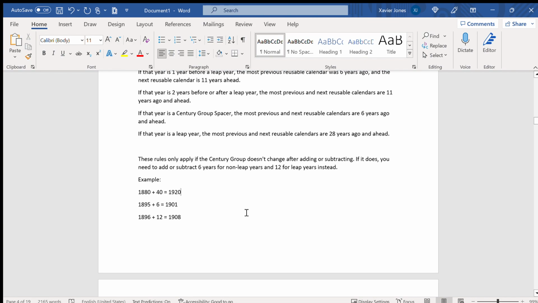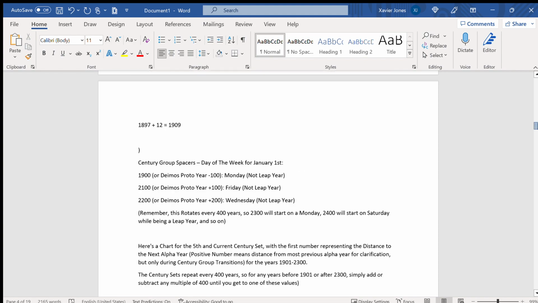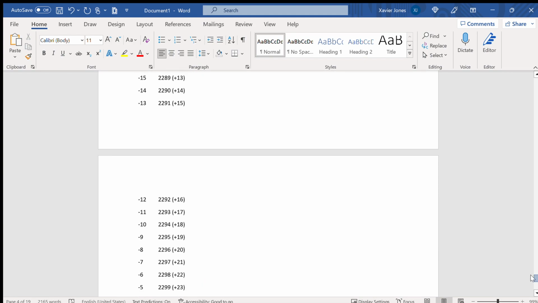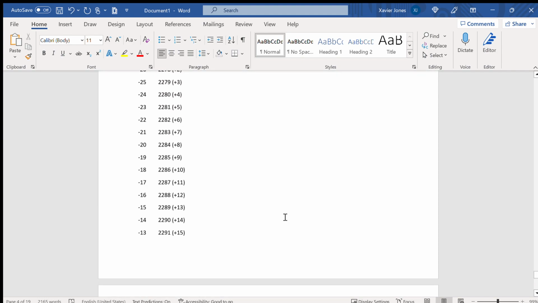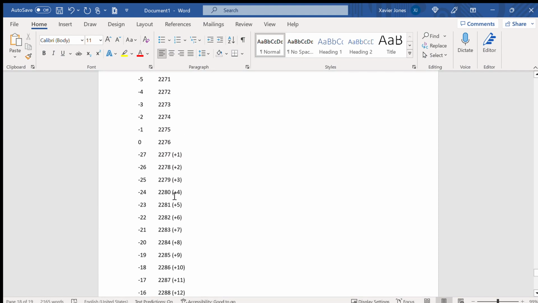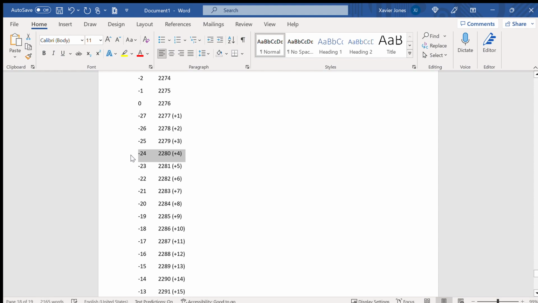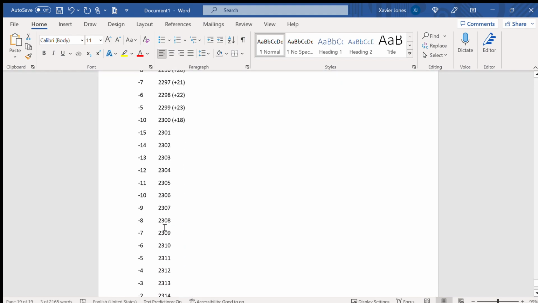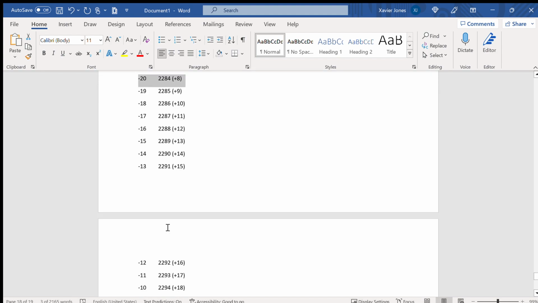Wow. So this is a whole different ball game now. This changes a lot. But this does change the century group, so what I said was still consistent. So for minus 20, the next time you get to minus 20 is going to be way out there.